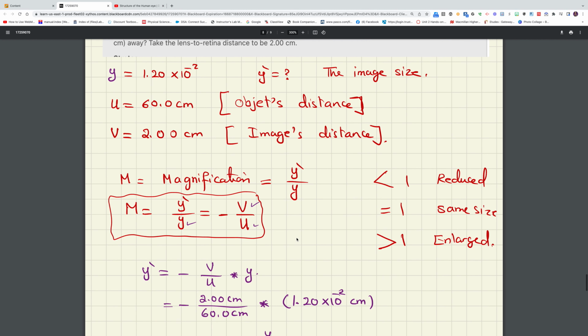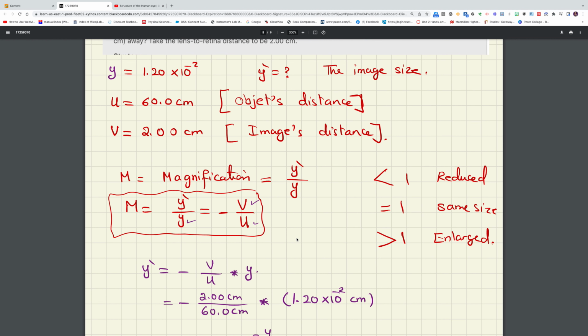We know that when the magnification is less than 1, the image is reduced. When it is 1, it's the same size. And when it is greater than 1, it is enlarged. Now I can calculate the image size, y prime, from this equation: minus v over u times y.